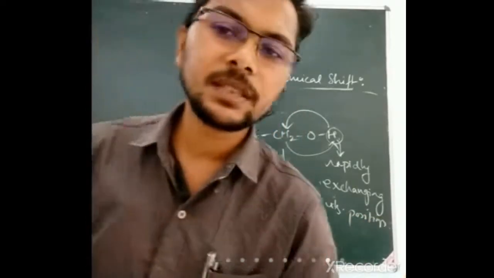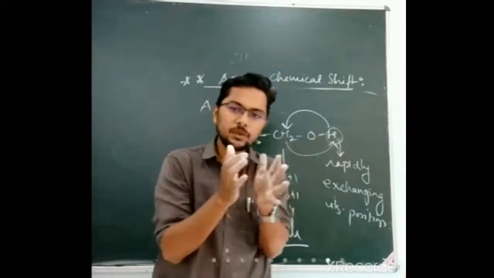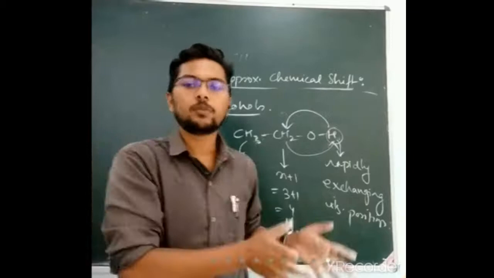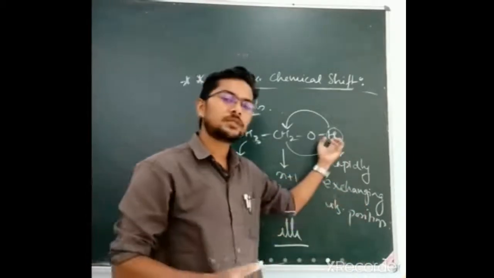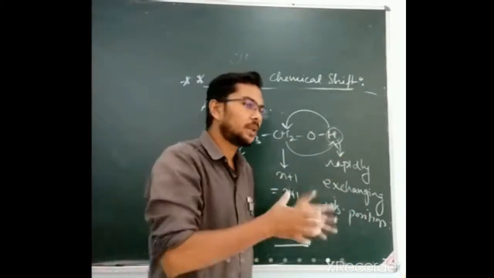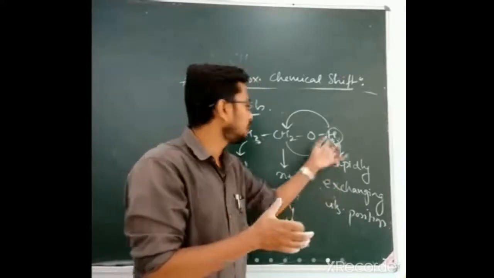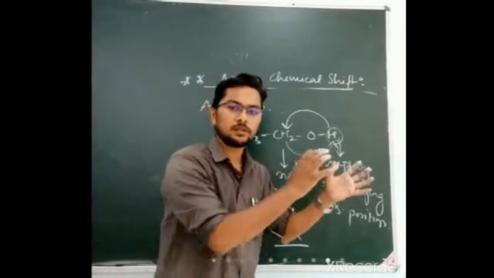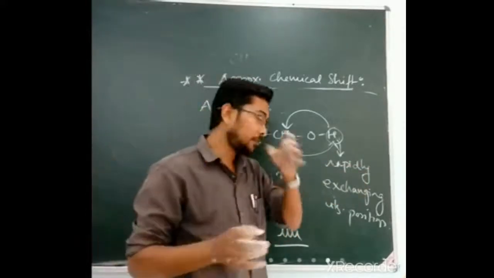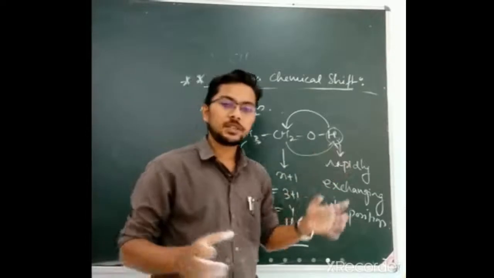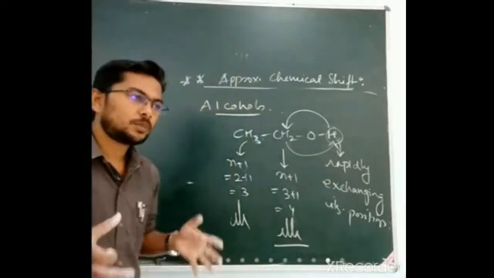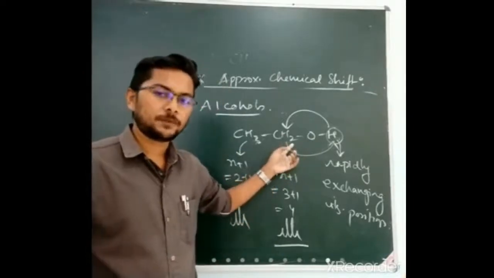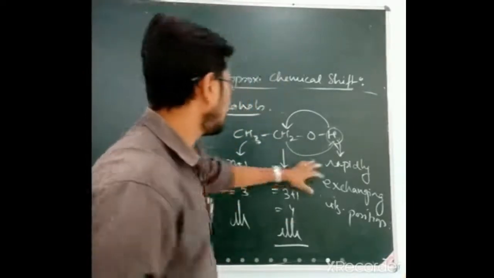Either it is exchanging with other molecules of ethanol, or with the solvent molecule. So because of this, the hydrogen is not present at one particular position long enough at a time to have a coupling effect. If you scan the NMR of a particular ethanol compound, this hydrogen is not present for enough time to have any coupling effect on the neighboring hydrogens.